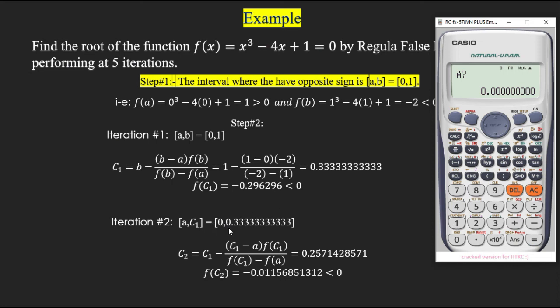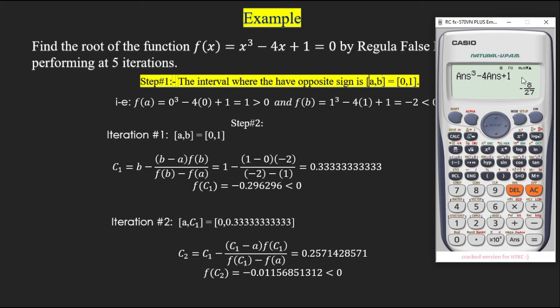The a value is the same as in the first iteration, so I can write it or just press the equal button. We get the value of our second iteration, which is 0.257142857.